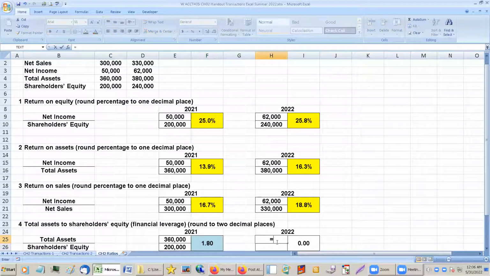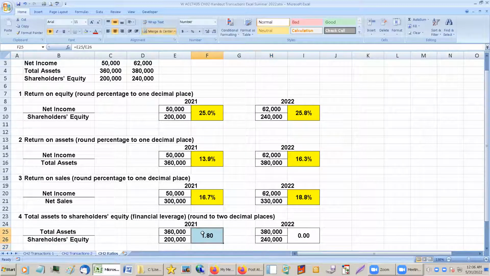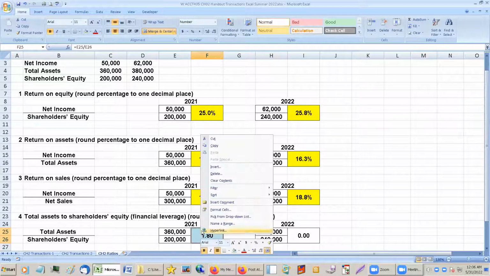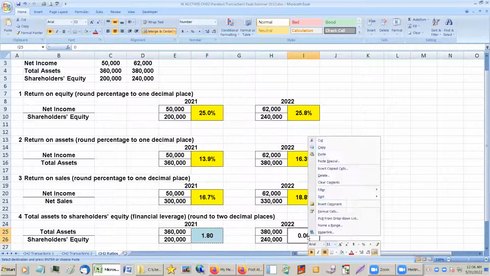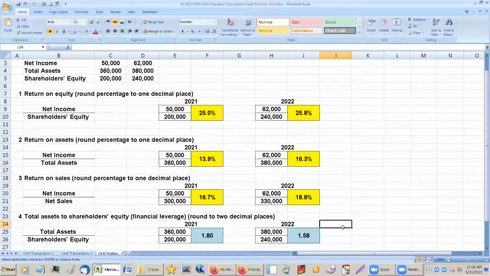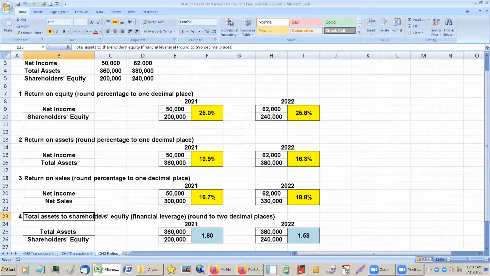Okay, so total assets, shareholders' equity. They talk about this being financial leverage, which we're not going to get too much into.